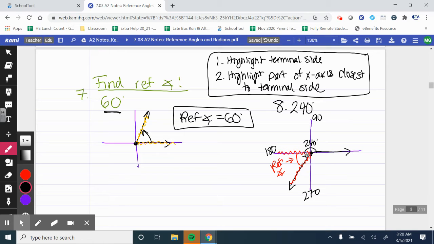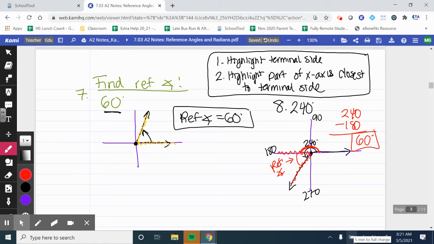I want just this red part. So if I know the entire angle is 240, and I know that from here to here is 180 degrees, I can take 240, subtract my 180, and that should leave me with just this red part of the black angle. So that gives me 60 degrees. So my reference angle, again, is 60 degrees.